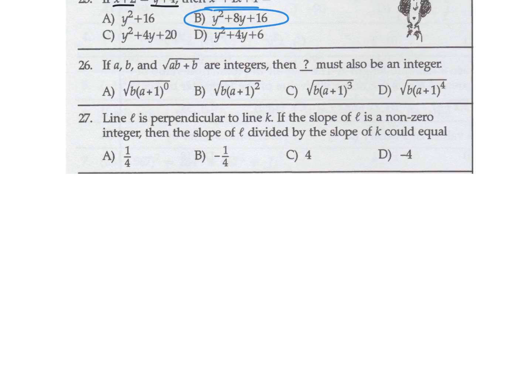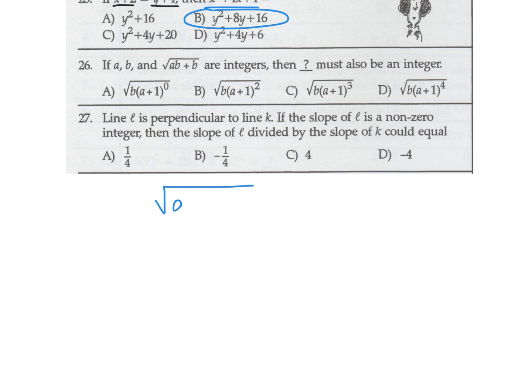Number 26. If a and b and the square root of ab plus b are integers, then what else is an integer? Okay. Interesting. I don't know. Well, if it's under the root, then something must be... Let's experiment with this.